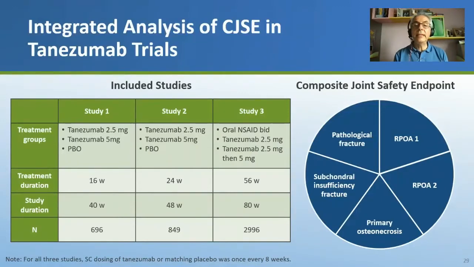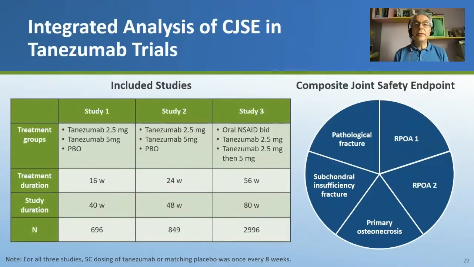145 were adjudicated to have a primary outcome, which was a component of this composite joint safety outcome, with 69% being RPOA 1, 17% being RPOA 2, 12% being the insufficiency fracture, and 2% osteonecrosis.